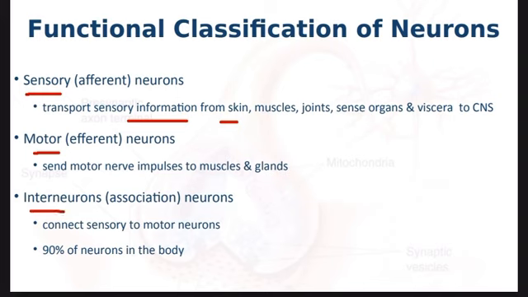We have what we call association or interneurons. They are connecting the sensory to the motor neurons. They are usually 90% of the neurons in the body.